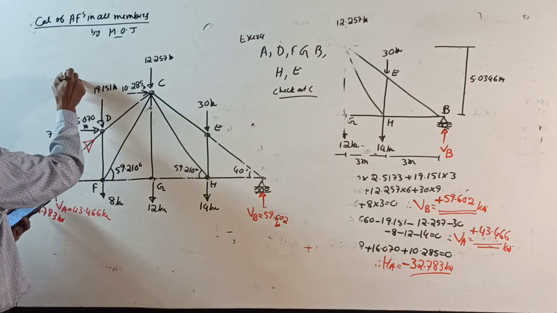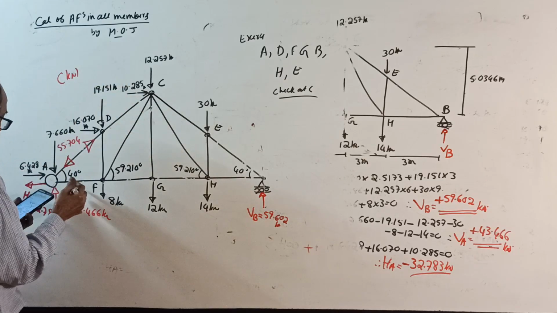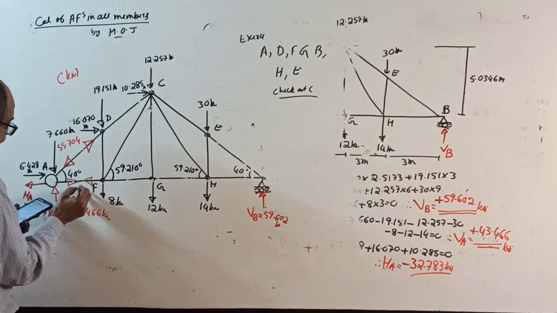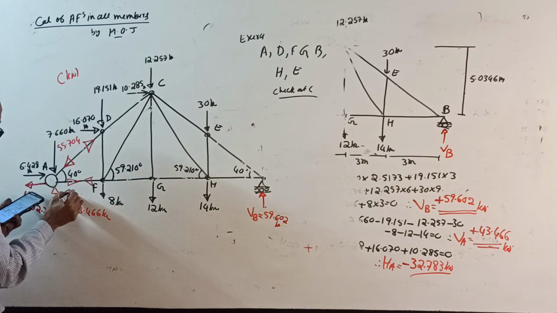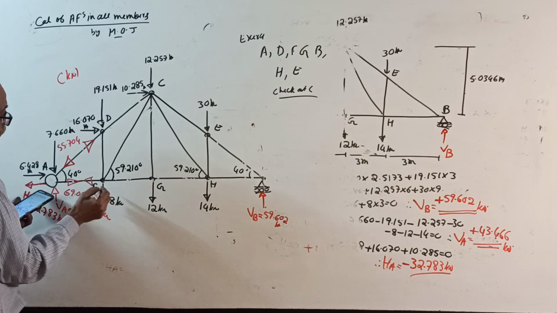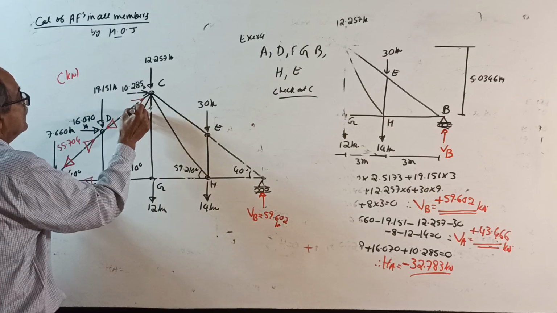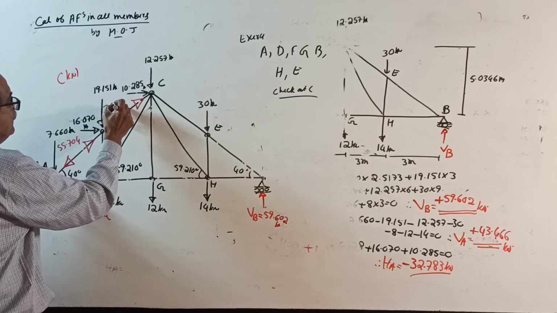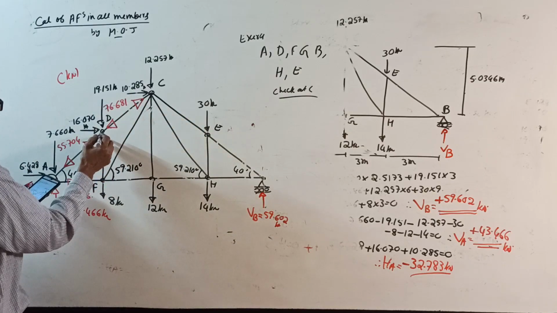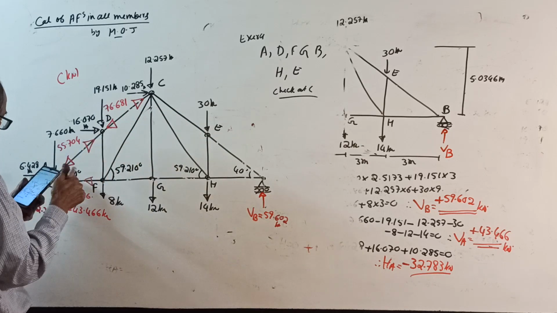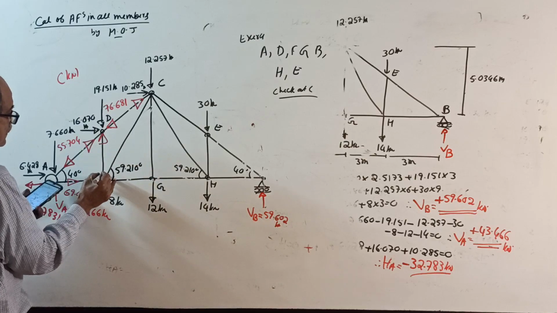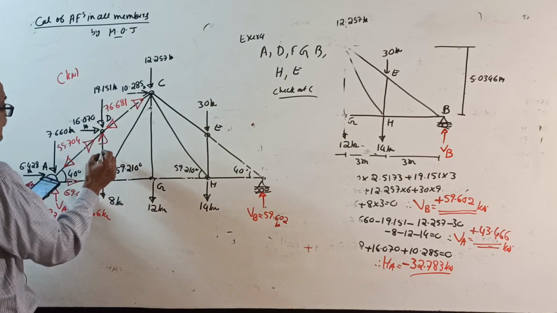All values are in kilonewton, no space to write. This I only solved, remember, not copying. This is not copying. 32.635.